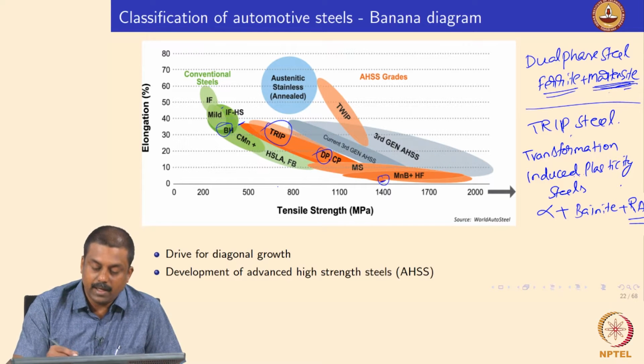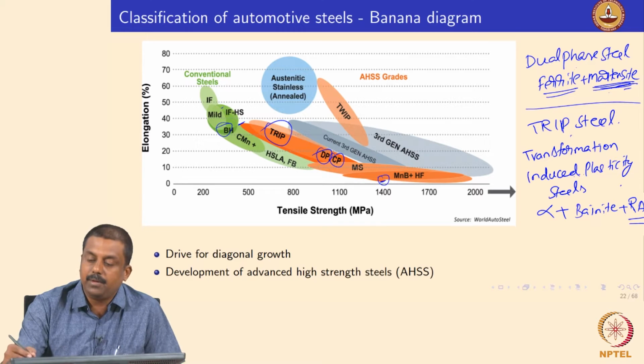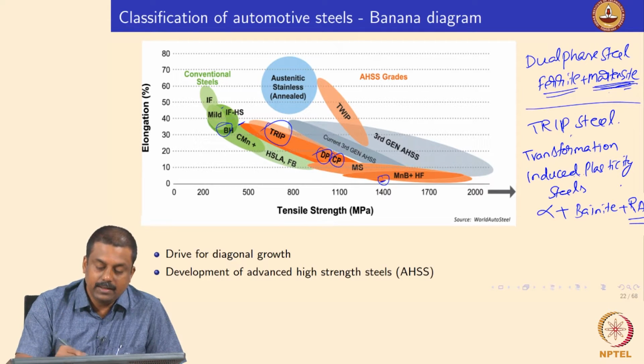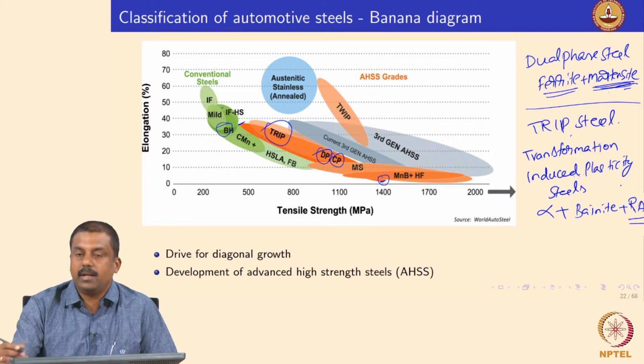The other steel in this class is complex phase steel. The complex phase steel is similar to dual phase steels, and these three steels, DP, complex phase and TRIP steel, actually fall in the first generation advanced high strength steels.